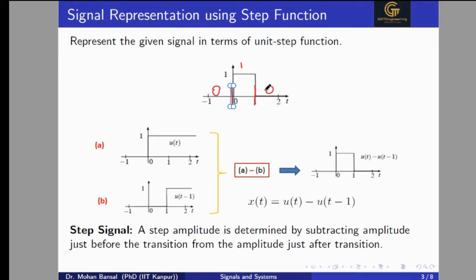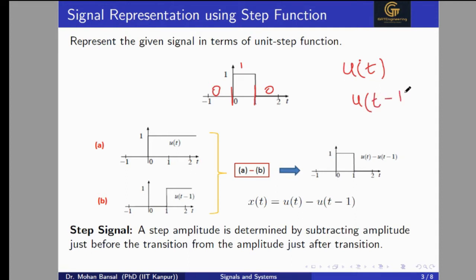So in this given signal, we have two transitions, one at t equal to 0 and the second at t equal to 1. So we will have to write two functions, one for each transition. First, for t equal to 0, we can write u(t), and for t equal to 1, we can write u(t minus 1) because that is a shifted one.